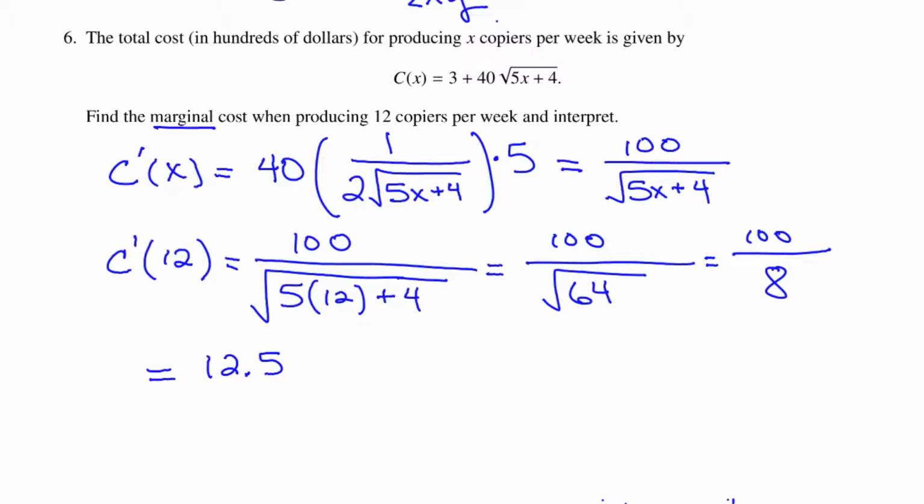So what that means, because this was in hundreds of dollars, is that the marginal cost is $1,250 per copier.